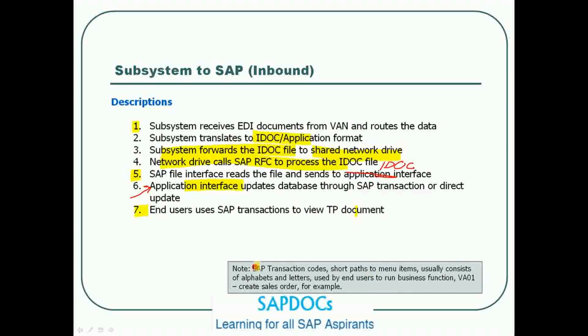One note about SAP transaction codes. These are short paths to menu items, and we did look at them when we did getting around SAP, or if you're already in SAP, you know the SAP transaction codes. They consist of letters or numerics used by the end users to run business functions. VS01 create sales order, VS02 change sales order, for example.